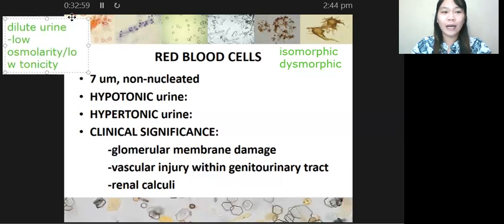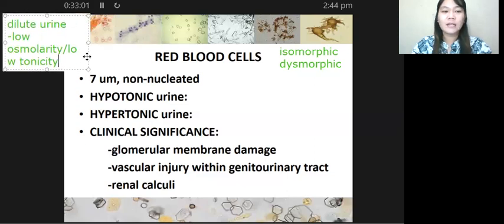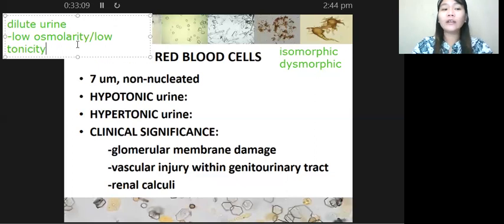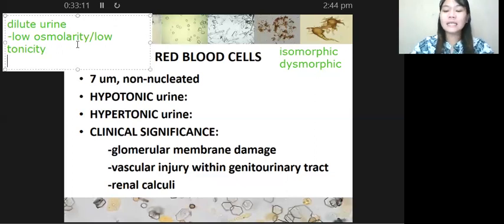Class, itaas ko na lang ha. So ano yan? Dilute urine. In other words, hypotonic urine. Take note also na pag sinabi mong dilute ang urine, mababa ang kanyang osmolarity, mababa ang kanyang tonicity, pwede din po na ang gamitin nating parameter ay specific gravity.